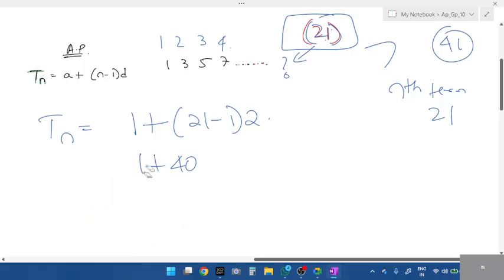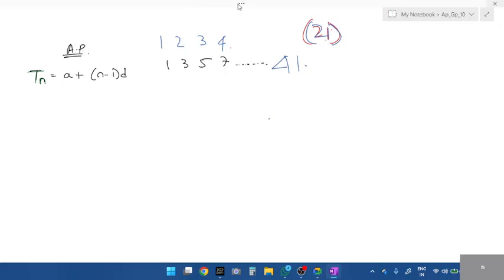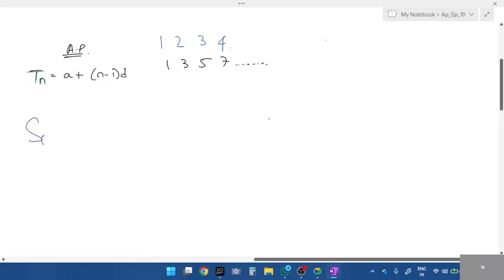We found all the values, students. Now what the next question is, let this 21 be as it is, 41. Okay, now S of n.